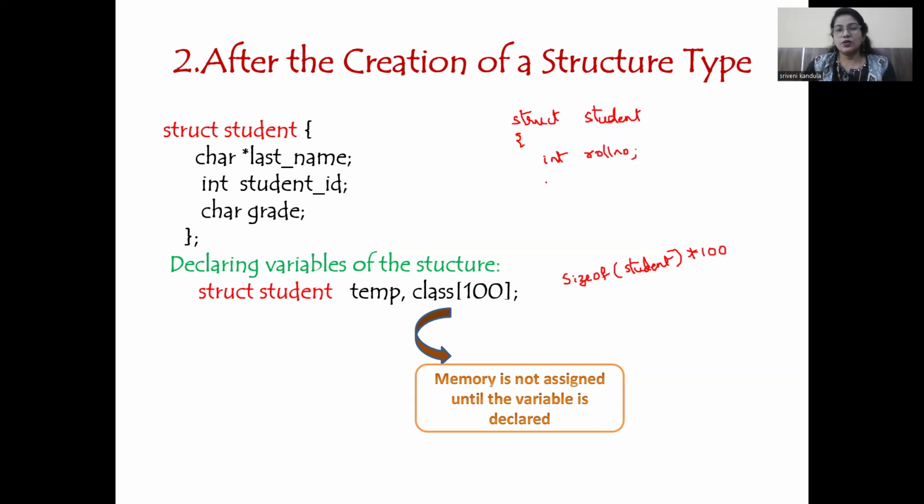Then I want to store the name of the student. Let me take any size of my choice. And then let us just take a floating point variable to store the percentage of the student.